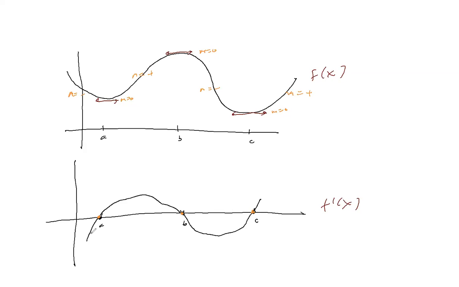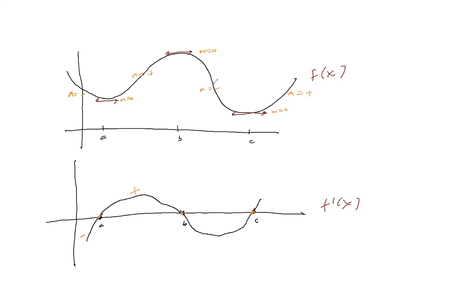Now let's check out what's going on this graph, and let's see if I did it correctly, because of course I just did this off the top of my brain. The slope is negative here, and guess what? The y values are negative here. After a, the slope is positive, and after a, the y values are positive.